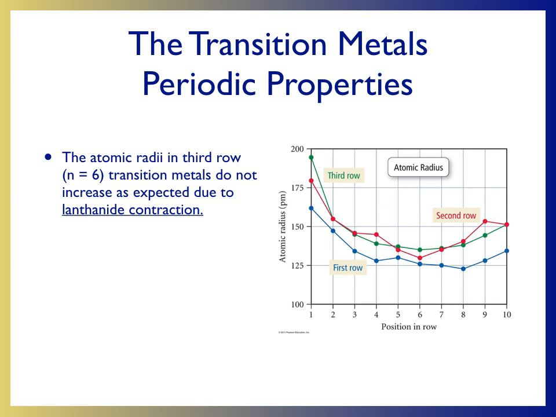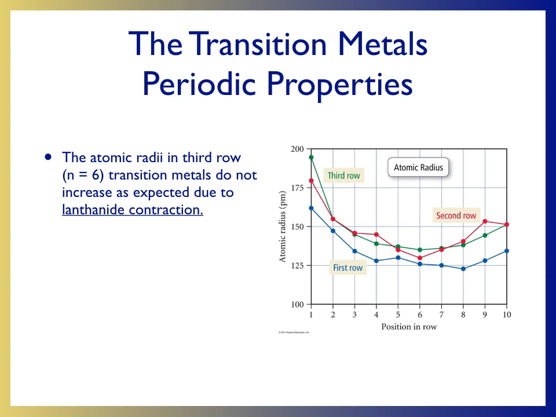The plot on the right shows the atomic radius plotted as a function of position of that element within the row of transition elements. Remember that a row of transition elements is just 10 elements across if we're just focusing on the transition elements. We can see that if we go between the first row and the second row, the atomic radius increases slightly.